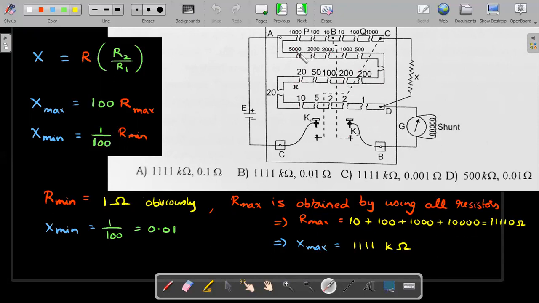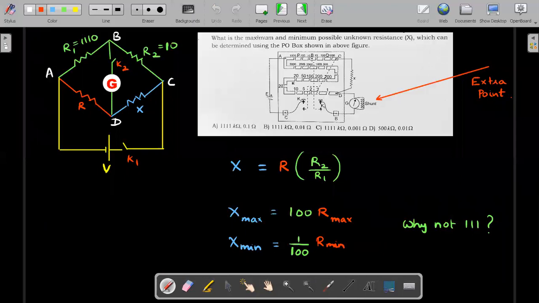Up to 5000, so then you'll end up having even 10,000. So the addition of this R max comes out to be 4 ones and a 0 ohms. When multiplied by a further 100, it gives the capital X max. So the value of X max is 4 ones and kilo ohm. Combining these two as the required answers, the best option given in the question is option B.